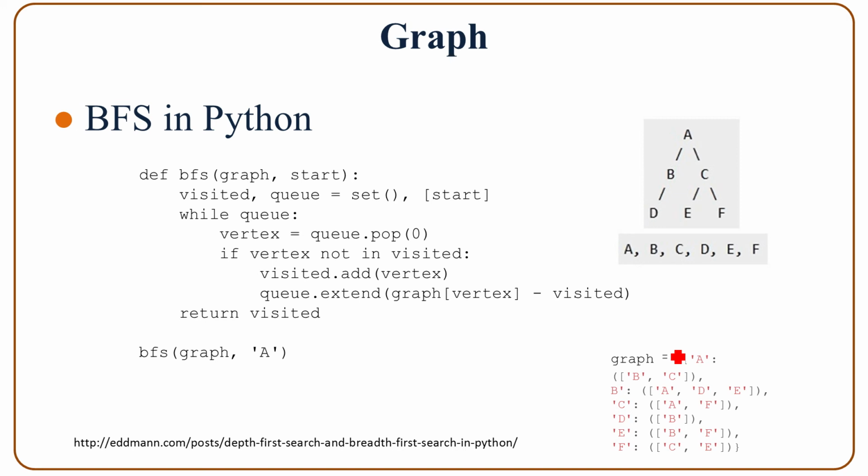Now let's look at another method for searching, breadth first search, or BFS, and how we implement it in Python. It's important that in BFS we use a queue.